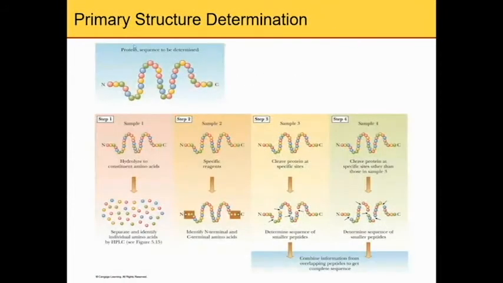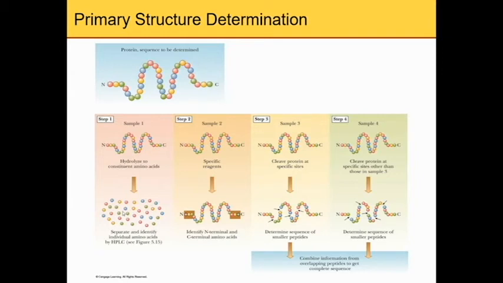So basically, let's say you have the peptide. First of all, you want to hydrolyze it to the constituent amino acids, and then you can identify individual amino acids by HPLC to see which amino acids are present in the peptide.